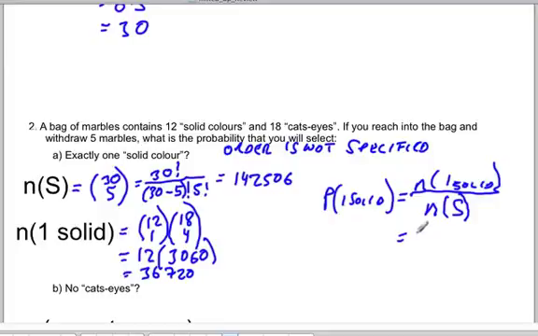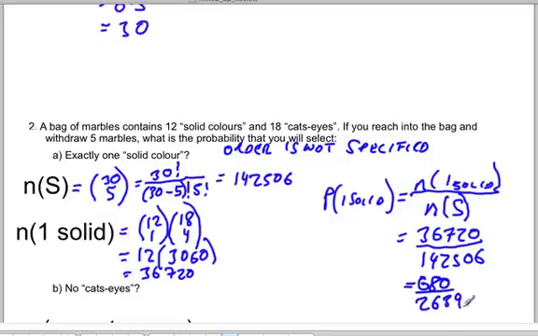So this is going to be then 36,720 divided by 142,506, and that reduces to 680 divided by 2,639.